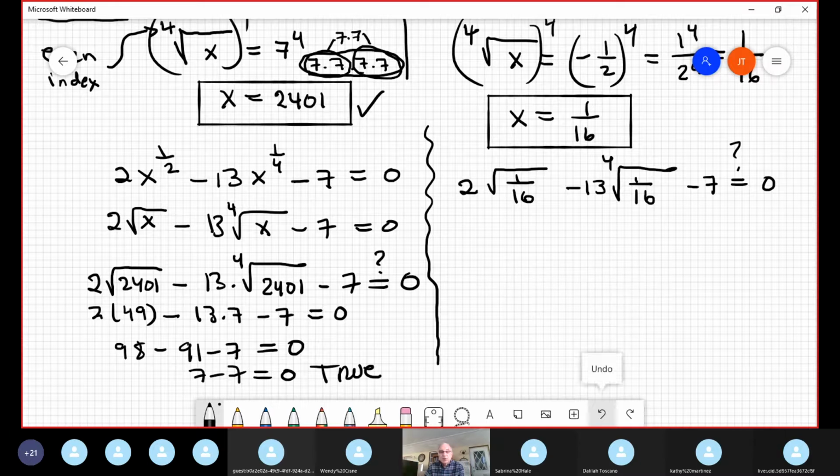In this case, the square root of 1 is always 1, and the square root of 16 is 4. So 2 over 4, or actually 1/2 if you want to put it directly. Minus 13, and the fourth root of 1 is 1, and the fourth root of 16 is 2. Minus 7 should be 0.